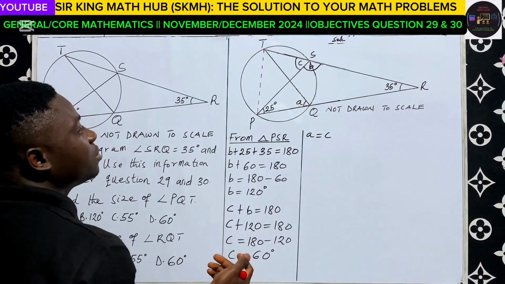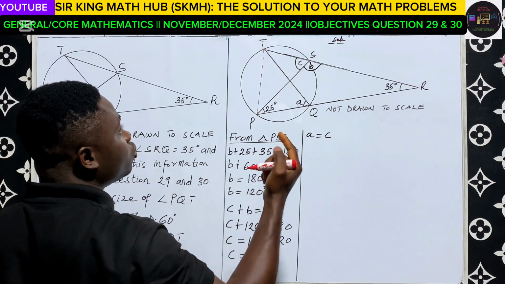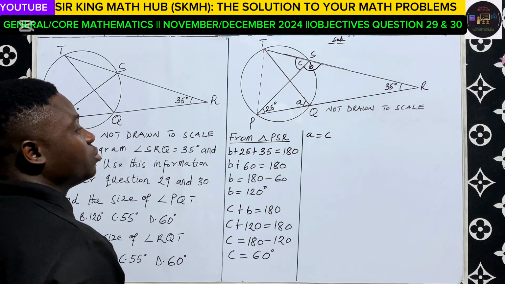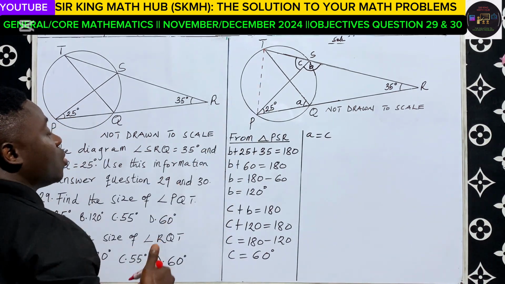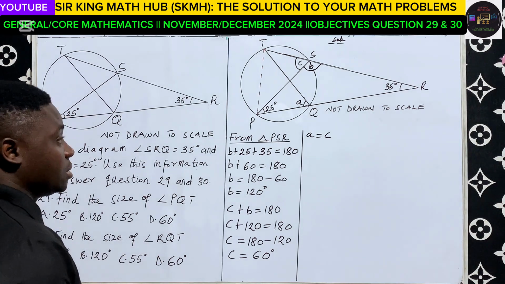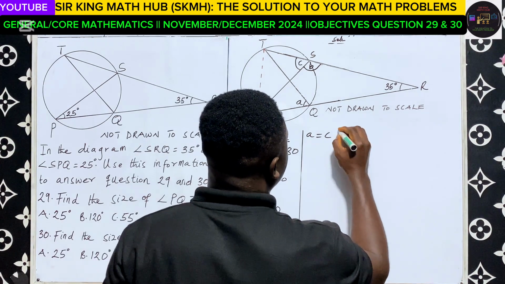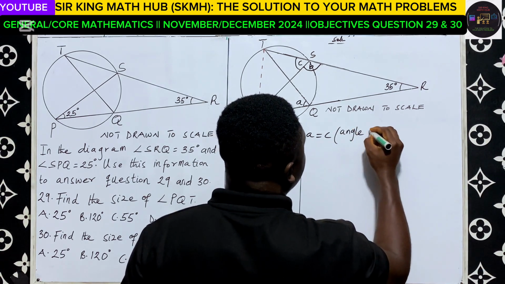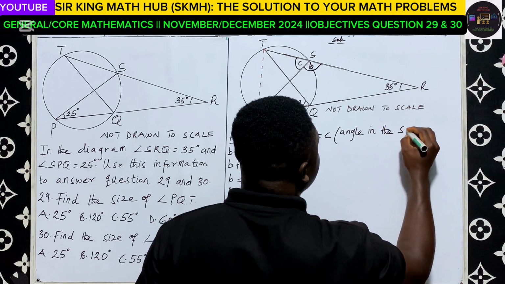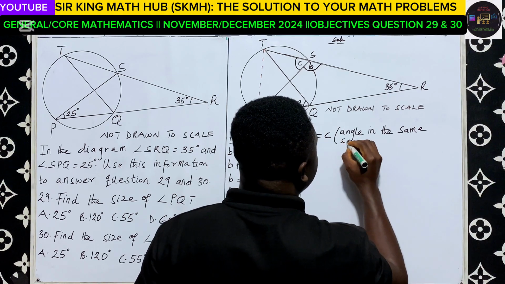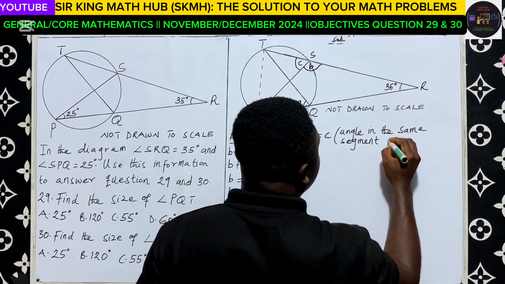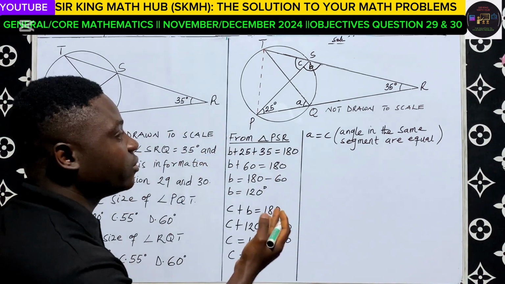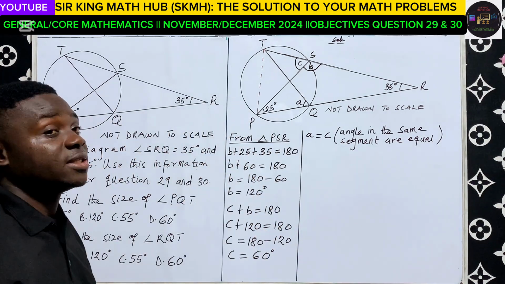So chord TP is subtending two angles, one at C and one at Q. Because they are in the same segment and from the same chord, the two angles are equal, because angles in the same segment are equal. But during the exams, write it in full because we don't have space. That is the reason why we have shortened it this way.